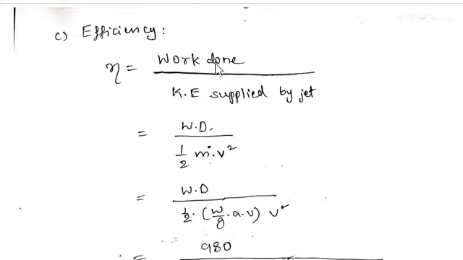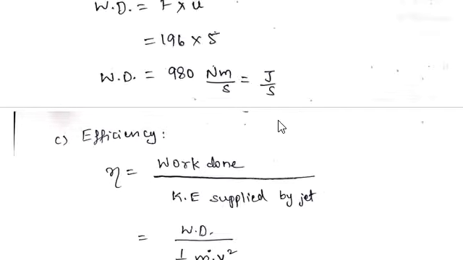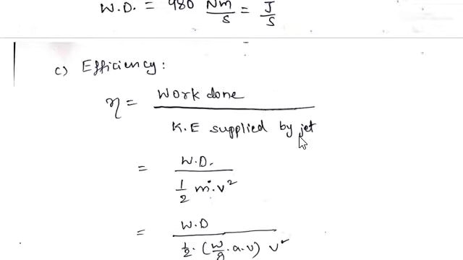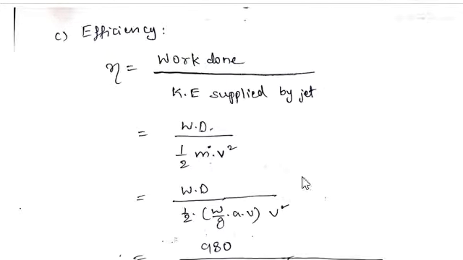Work done we have, and kinetic energy we know we can write as half m v square. Since we are using work done per unit time, the kinetic energy supplied by the jet per unit time, in place of m, we write m dot. So m dot can be written as w by g into a into v. Here m dot is the mass flow rate of the jet.